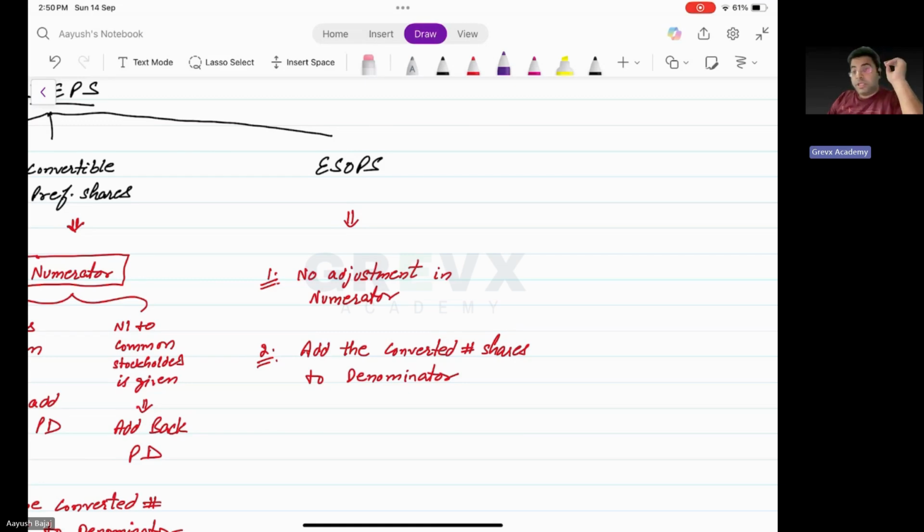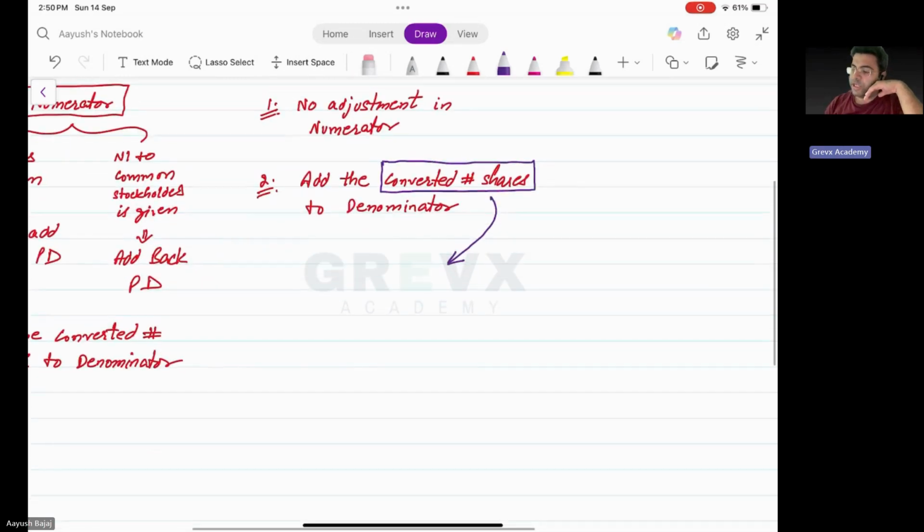Now, the question is how to get the converted number of shares. How do we get the converted number of shares?